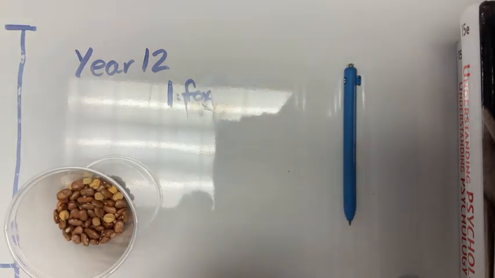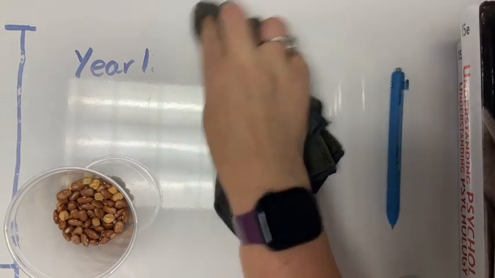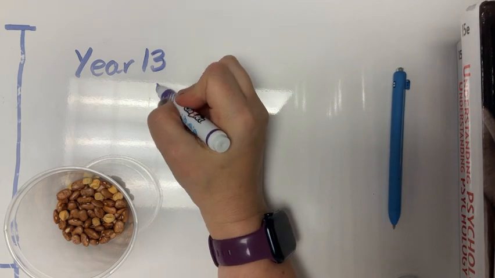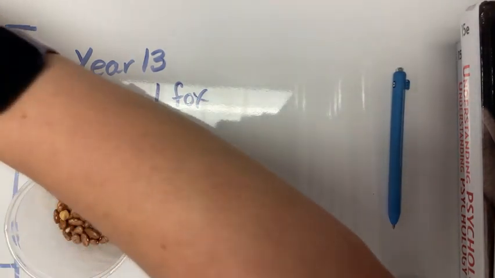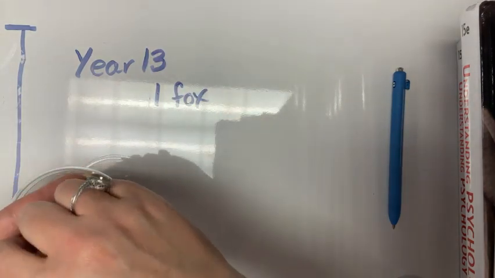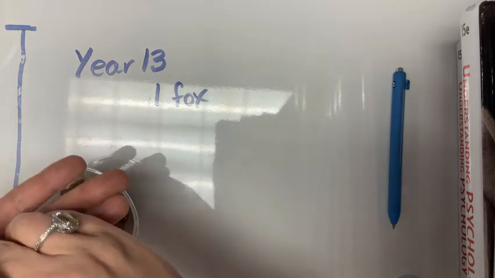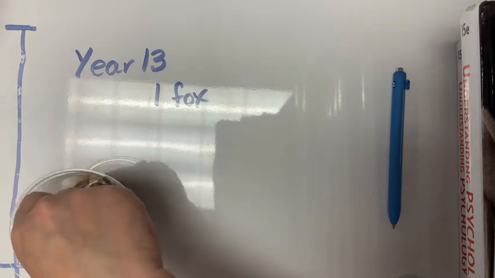So for year 13, I still only have 1 fox. But I need to add 14 more mice.